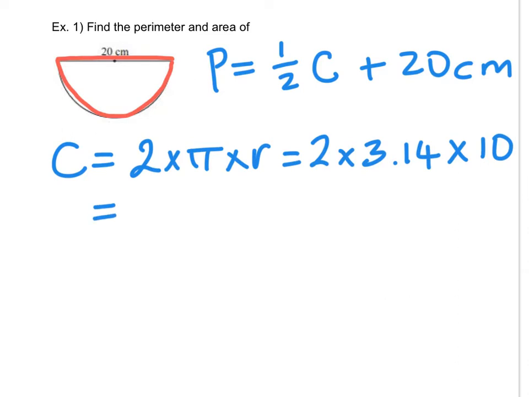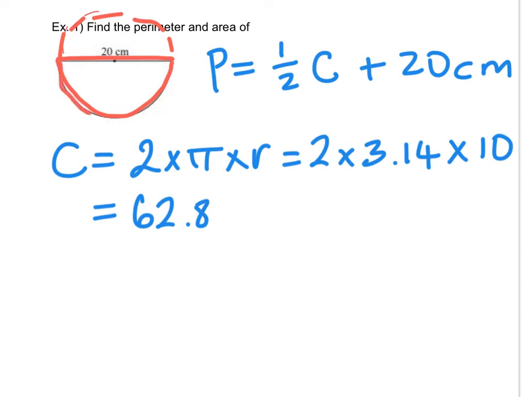If you multiply that up, 2 times 3.14 times 10 is 62.8. And this 62.8 is the circumference if it was a full circle. So imagine if that actually made a full circle, its circumference would be 62.8.